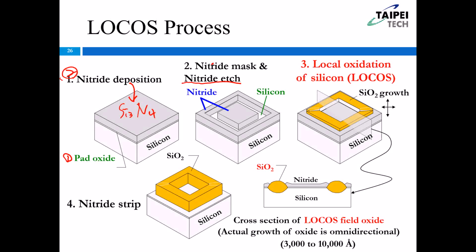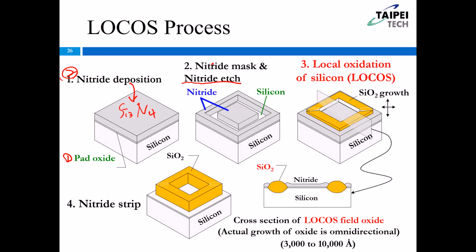You see the gray region is the nitride, and in the central area the silicon wafer surface is exposed.